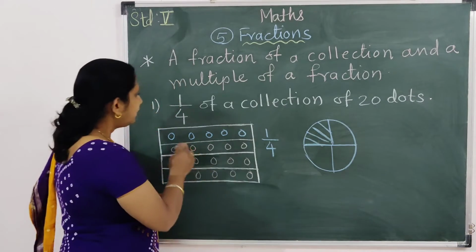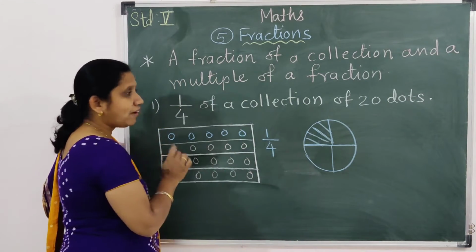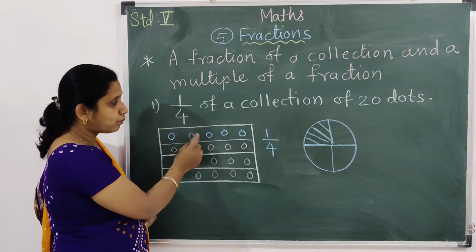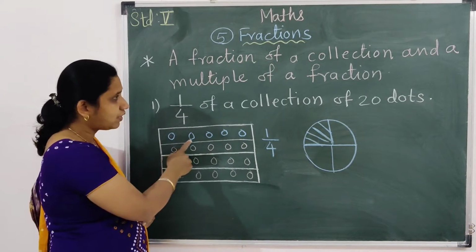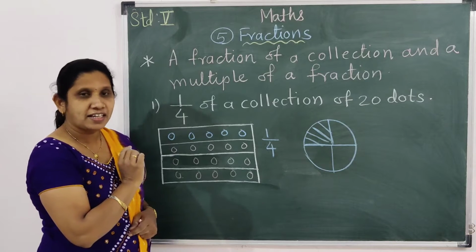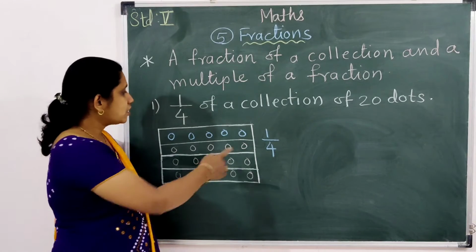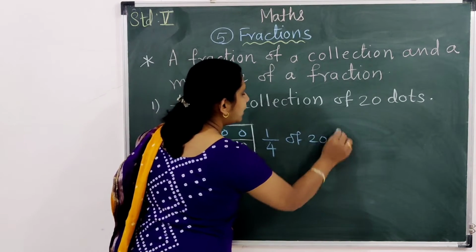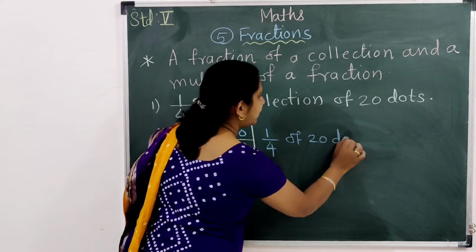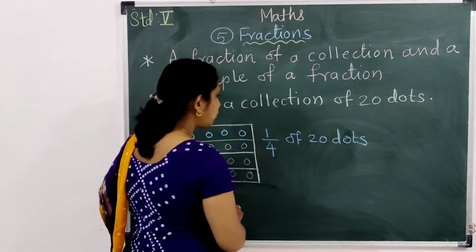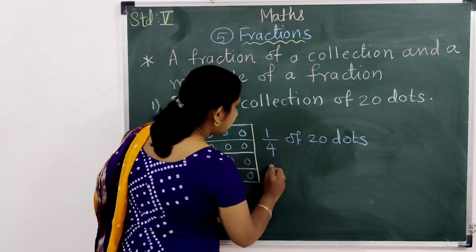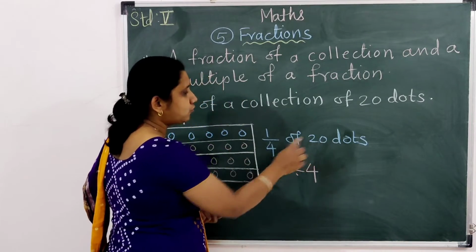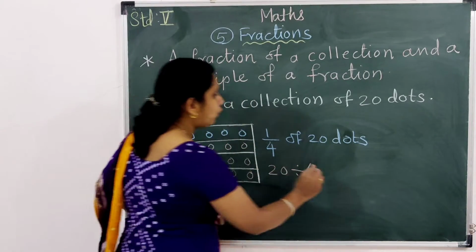Same way here, 20 dots. Out of that, 1/4 part means only one part will come, isn't it? Is that clear? Okay, so 1 upon 4 of 20 dots. 20 dots means what to do? 20 divided by 4.